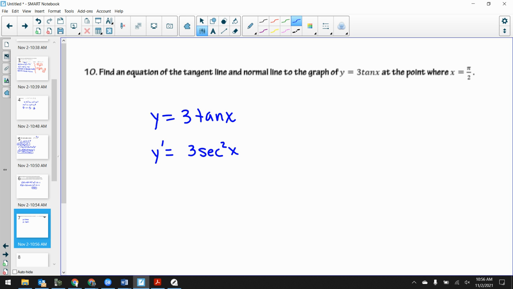That's equivalent to the slope, right? So I want to find it when x is pi over 2. That's 3 times secant squared of pi over 2. That's going to give me the slope of my line.